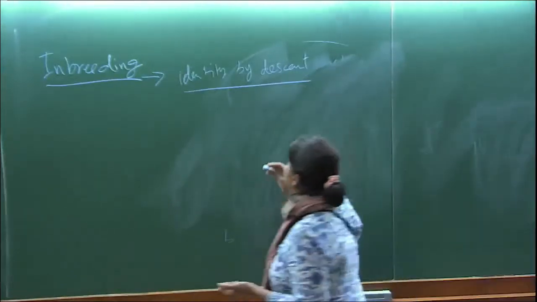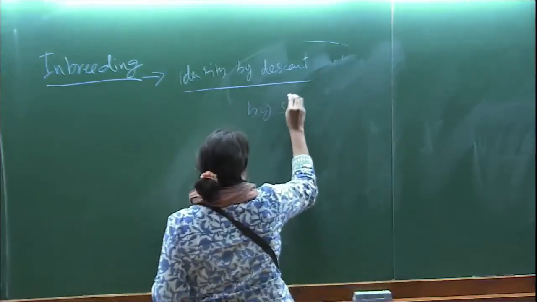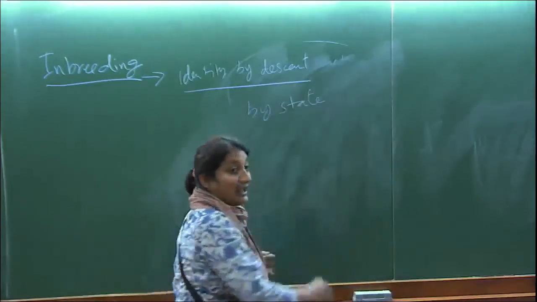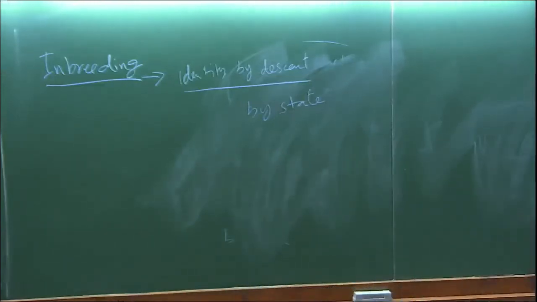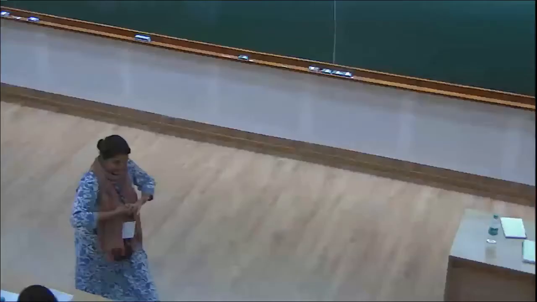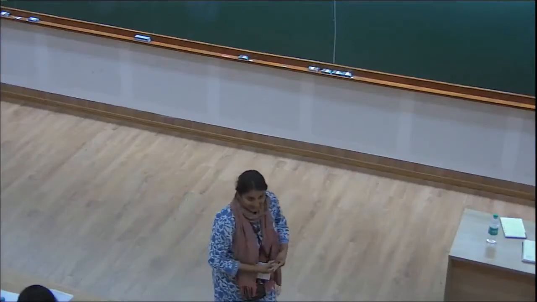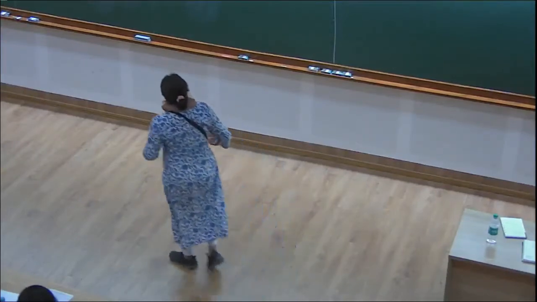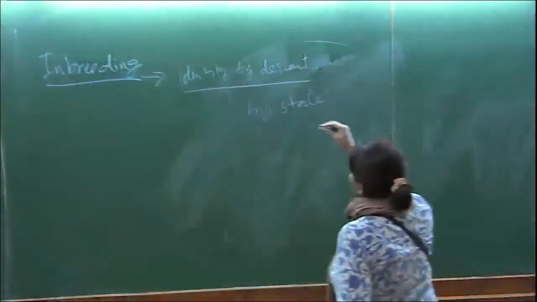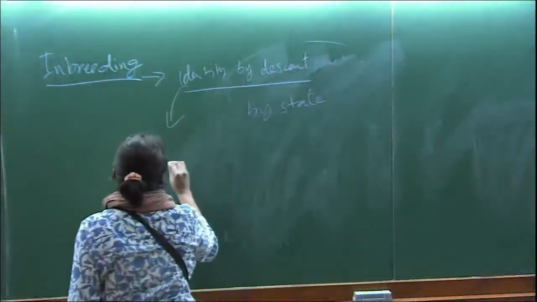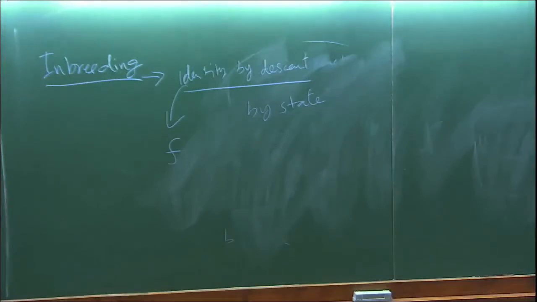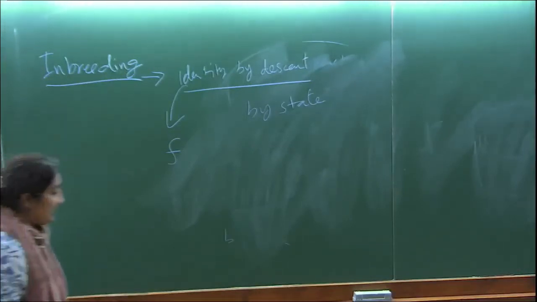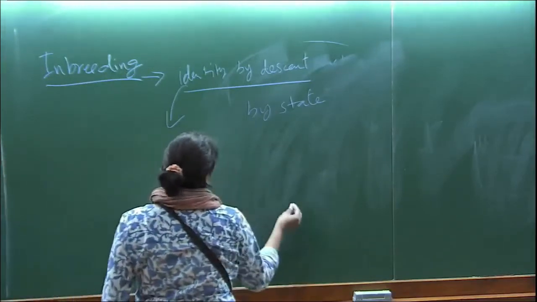That is called identity by state. Okay? And that's not inbreeding. There could be 2 individuals who both have A's. You happen to pull their A's and you get 2 A's, right? This identity by descent, the frequency or the probability of identity by descent is called F. That's inbreeding. Okay?